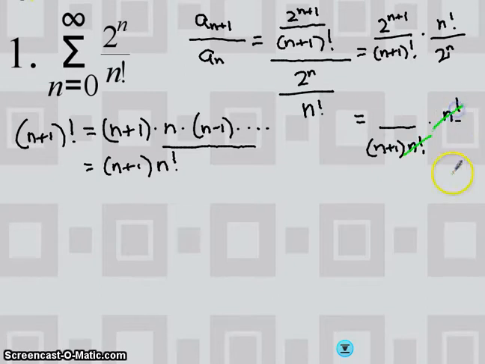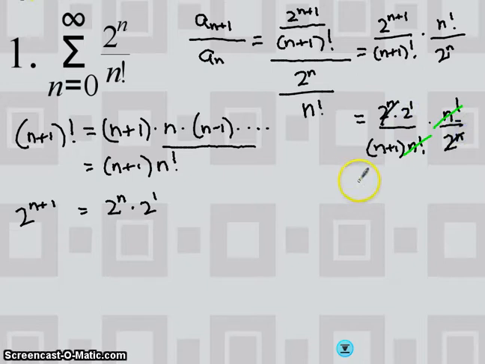They go bye-bye. What does 2 to the n plus 1 equal? It's really equal to 2 to the n times 2 to the 1, because when you multiply like bases, you add the exponents. This is 2 to the n, and look at that. Boom. So really, this term ends up being 2 over n plus 1.